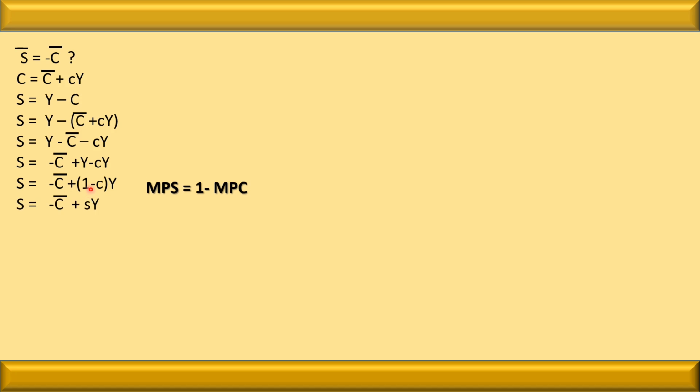We know that 1 minus c, or 1 minus MPC, means MPS. Let me tell you why. Remember, MPC means the fixed percentage of income which a person will spend for consumption.